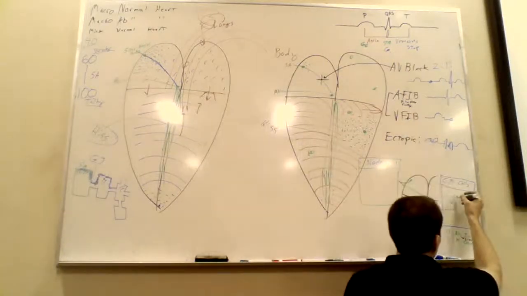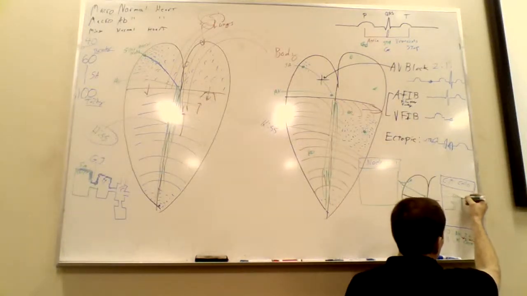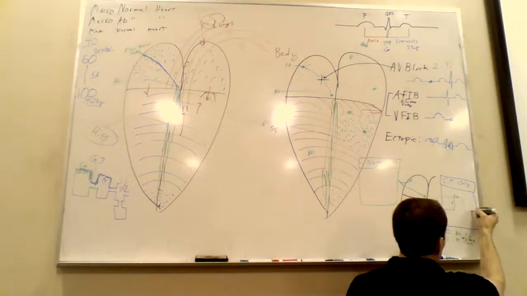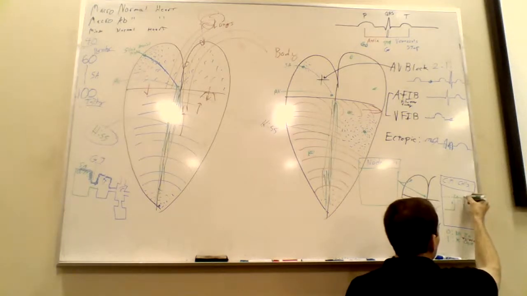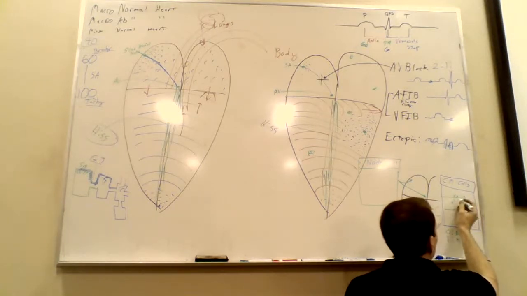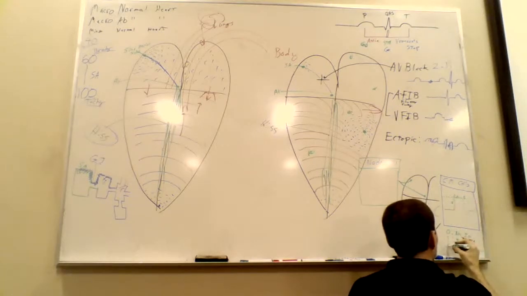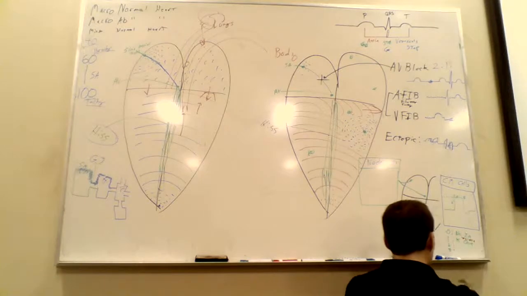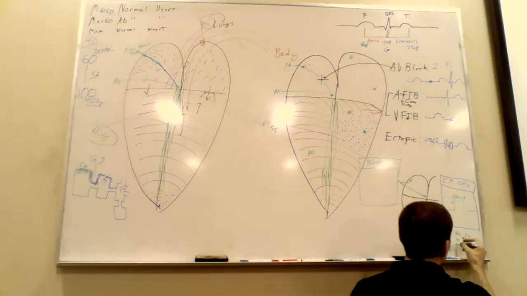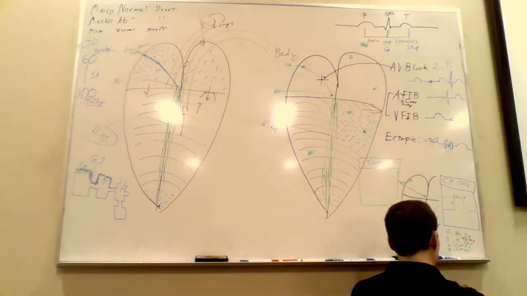in the cardiac cells, we have another ion coming into play for phases 2 and 3, and that is calcium. Calcium in, calcium out, or calcium closing.